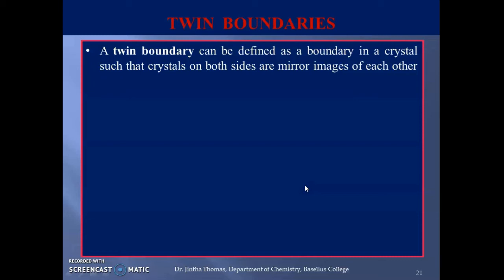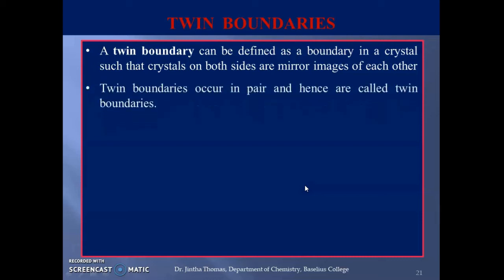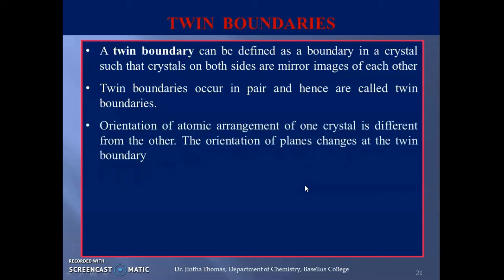Twin boundaries occur in pair and hence are called twin boundaries. Orientation of atomic arrangement of one crystal is different from the other.